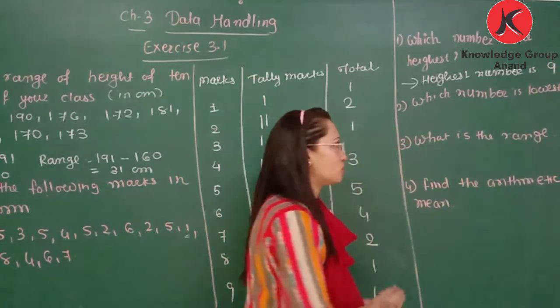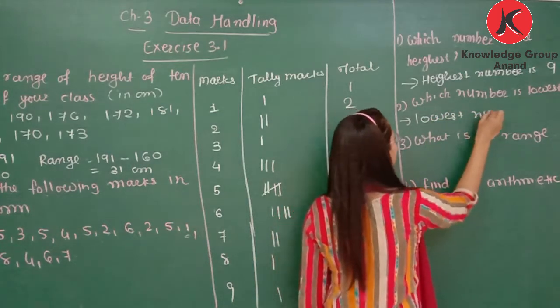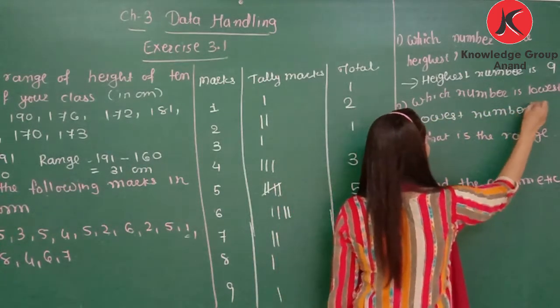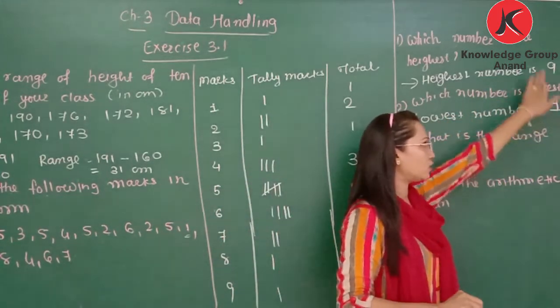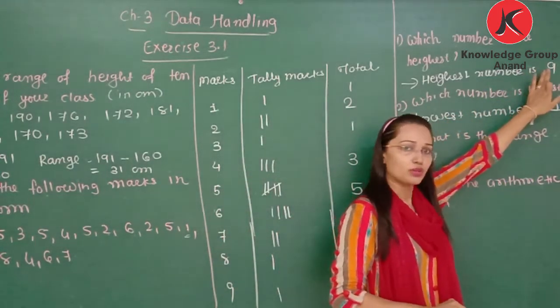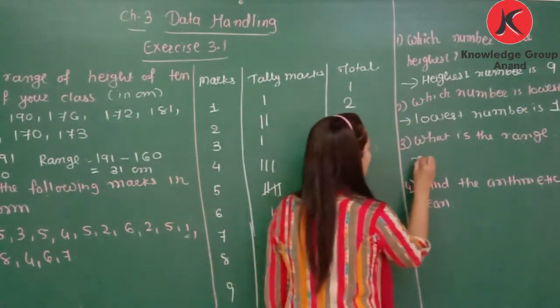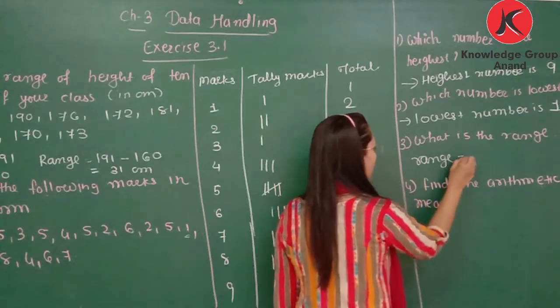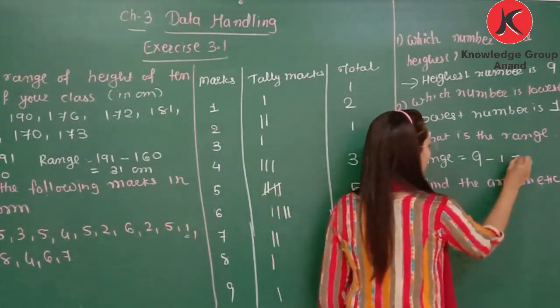Lowest number is 1, because we are getting the information from 1 to 9. So 9 becomes the last number, so it is highest and lowest is 1. What is the range? Range is given by highest minus lowest. So 9 minus 1 that is 8.